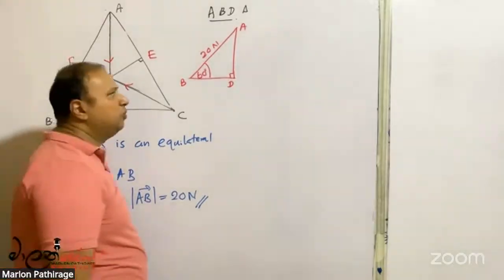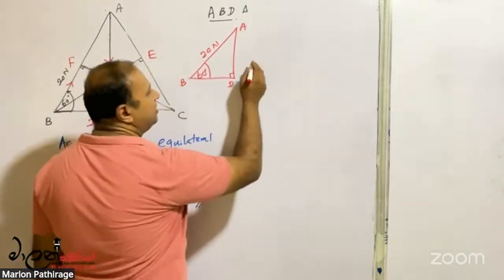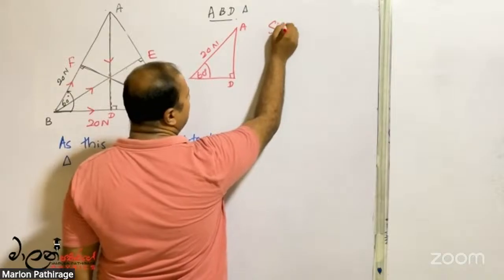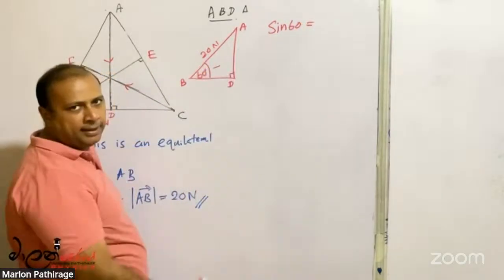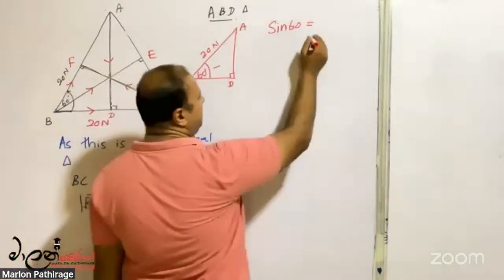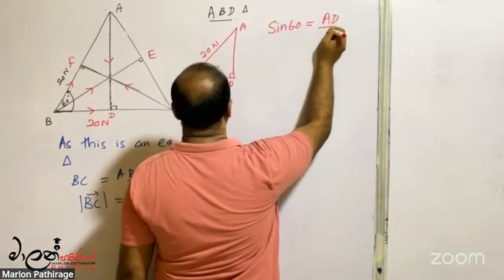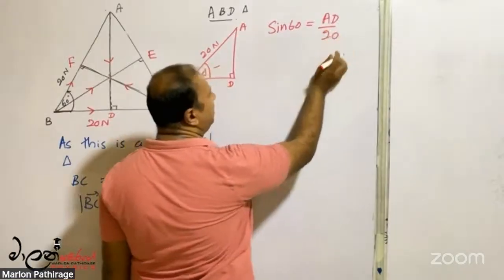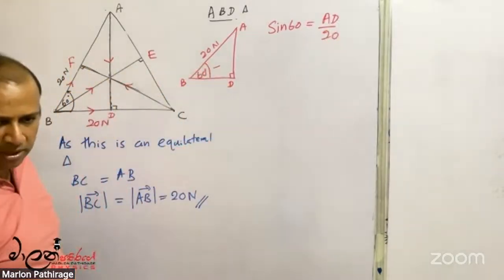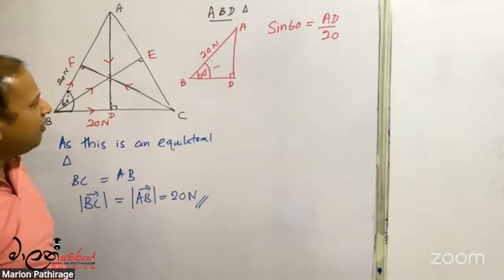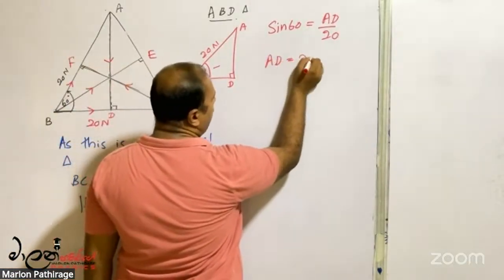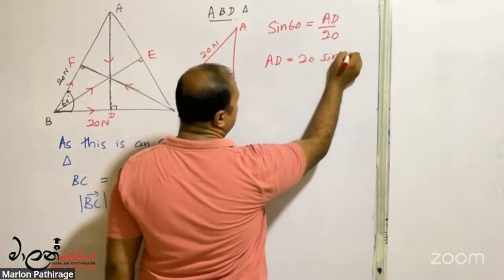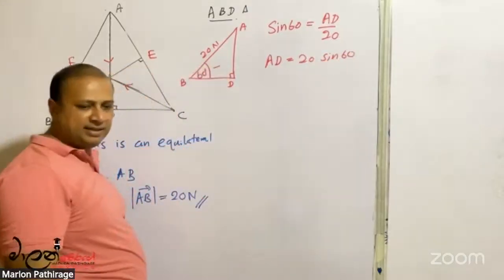Now it is very easy to determine AD. Sine 60 means opposite side over the hypotenuse. Opposite side means AD, hypotenuse is 20. Therefore, AD is equal to 20 sine 60.